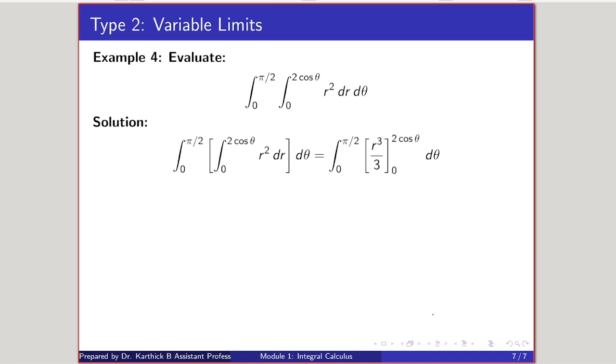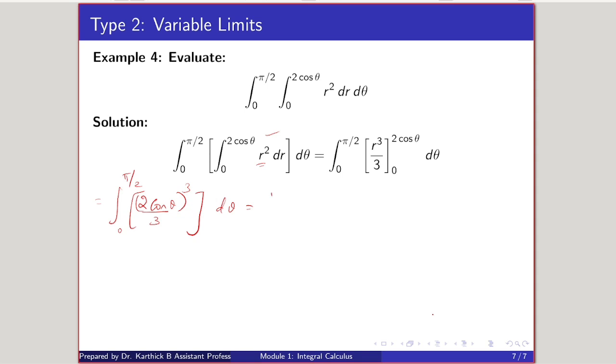Similarly, the internal integral: if I integrate r square, it becomes r cube by 3, and we have to substitute the limits. So how will it be? Pi by 2, and (2 cos theta) whole cube by 3, 0 becomes 0, so d theta.